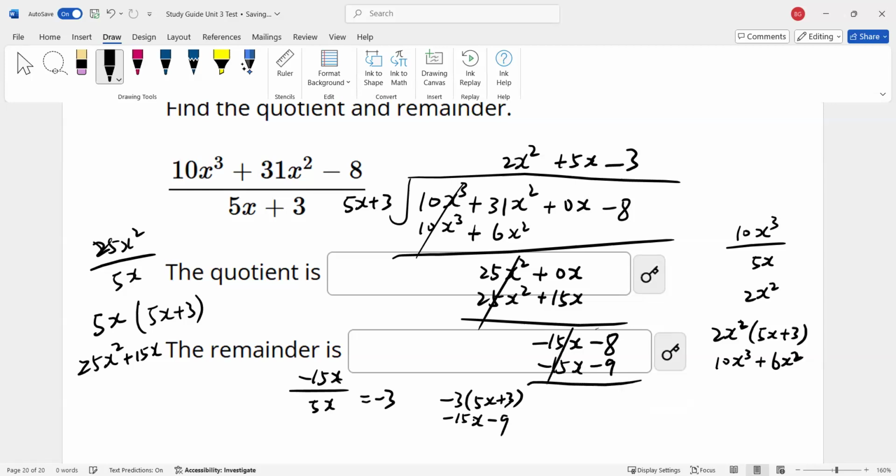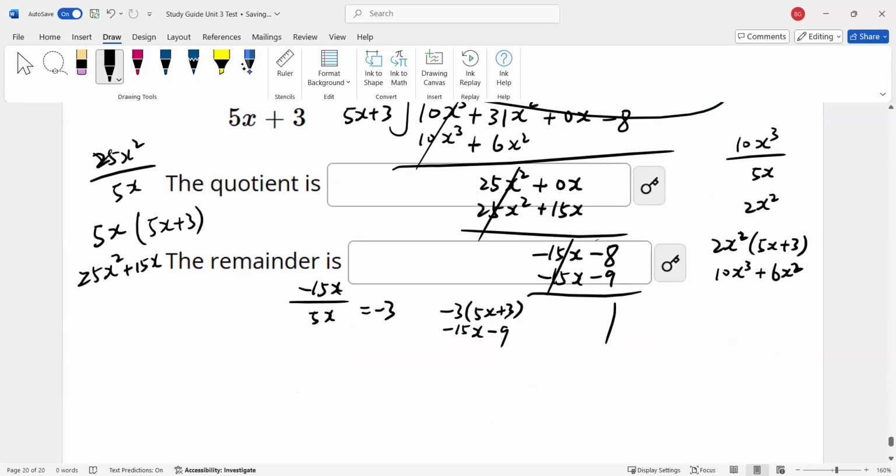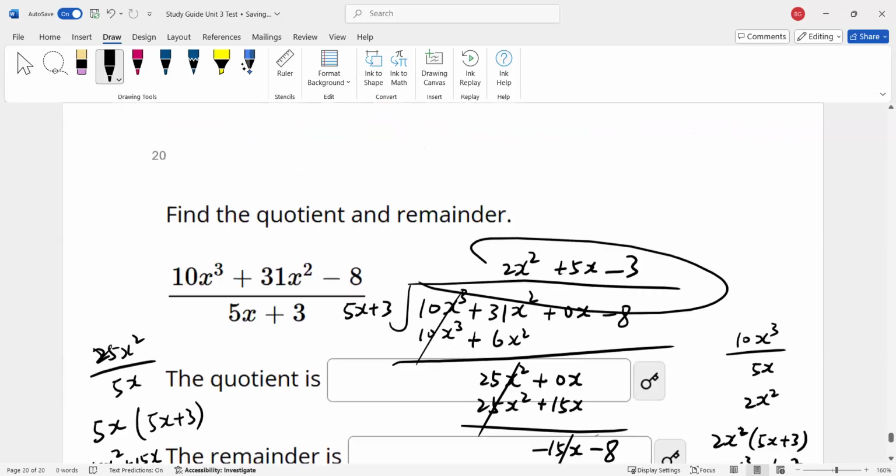And then subtract. Those two terms cancel each other. Be careful: negative 8 minus negative 9 is a positive 1. It is positive 1. So the remainder is 1. The quotient is on the top. Okay? And we actually finished on time. Very good. Good time management.